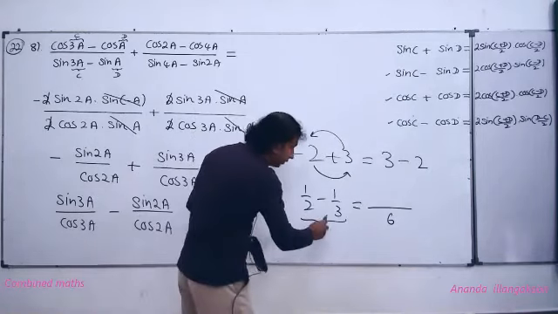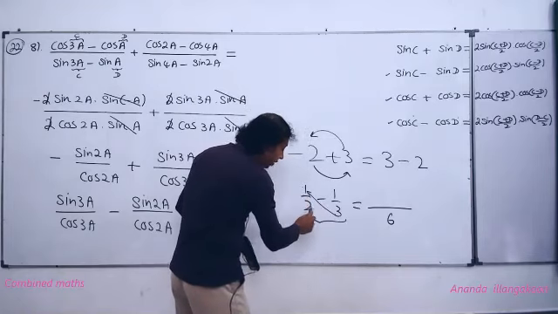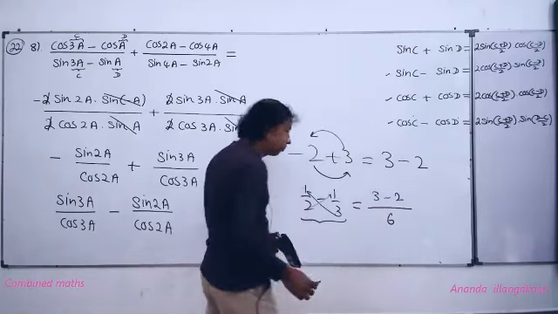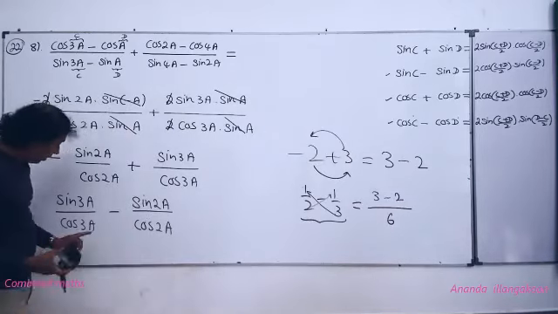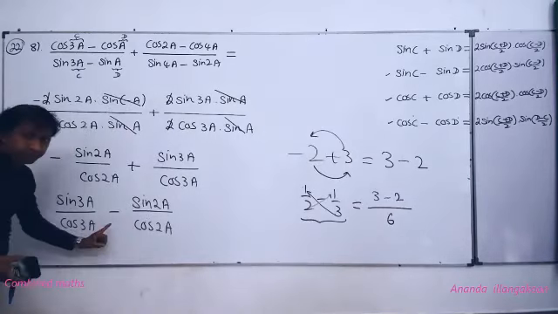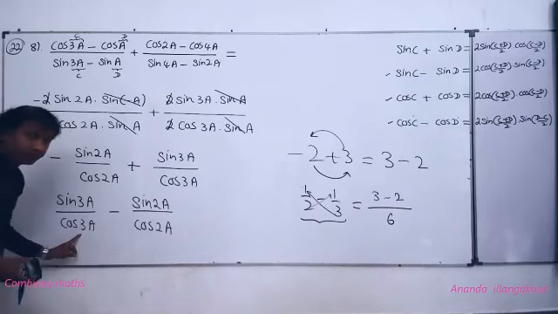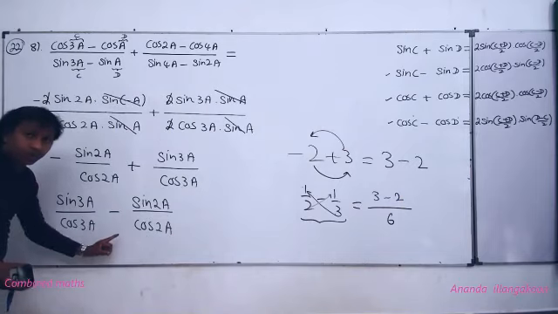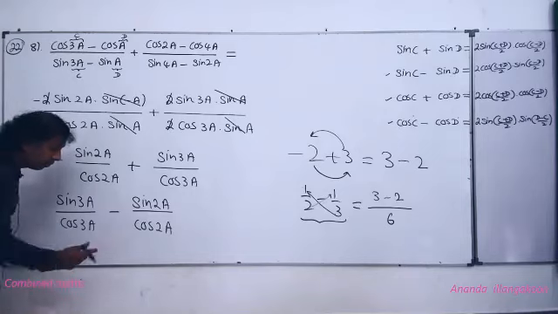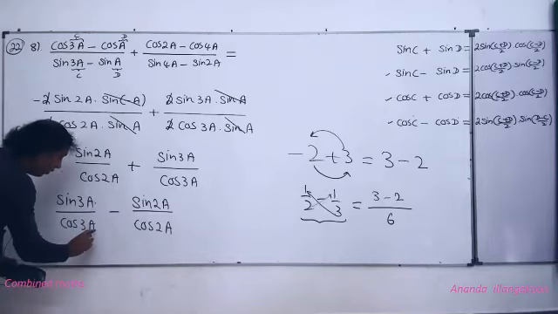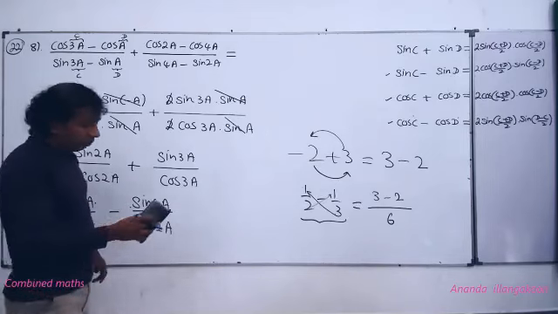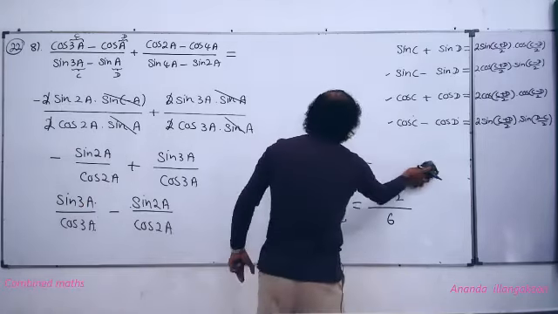What is that method? This 3 and this 1 we multiply, this 2 and this 1 we multiply. Like that, we take the product of the two denominators as the common denominator, the least common multiple of these two. In that case, by this you have to multiply this, by this you have to multiply this. Understand? Okay. All right. Then we get like this.